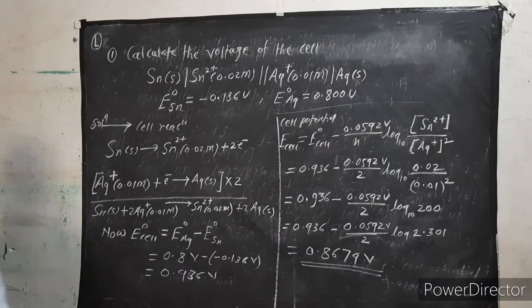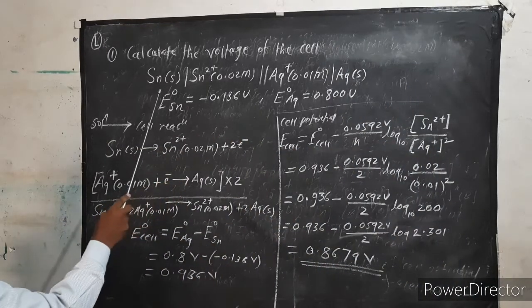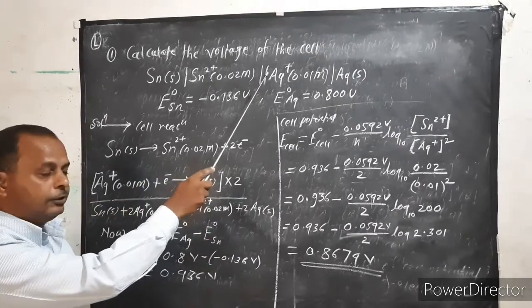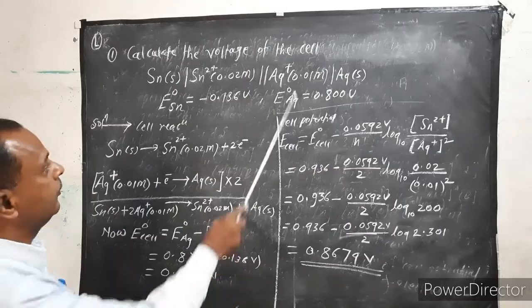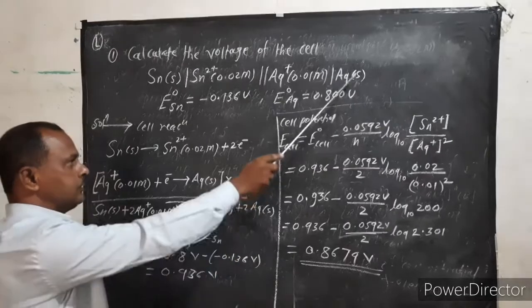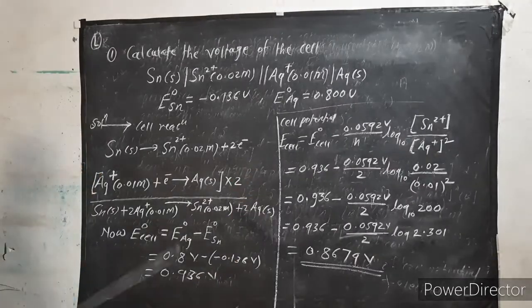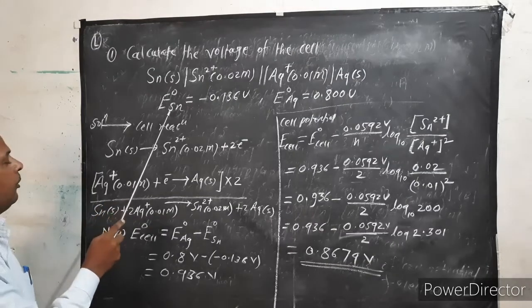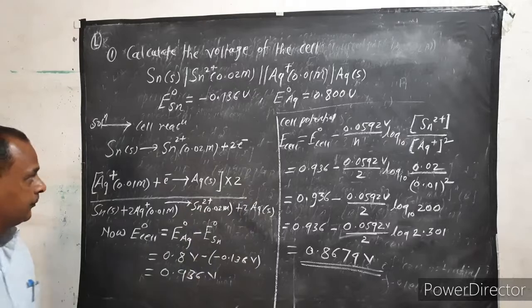The given cell is a galvanic cell where Sn is in contact with Sn2 plus, the double vertical line indicates the salt bridge, and Ag plus is in contact with solid Ag. They have given the standard reduction potentials of Sn and Ag.